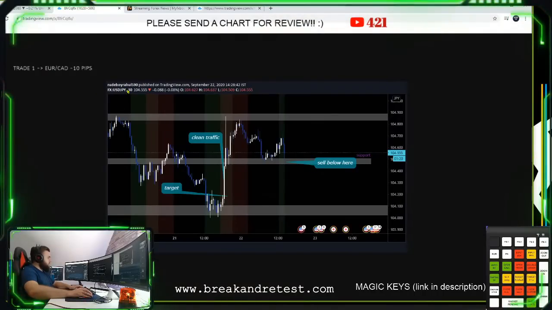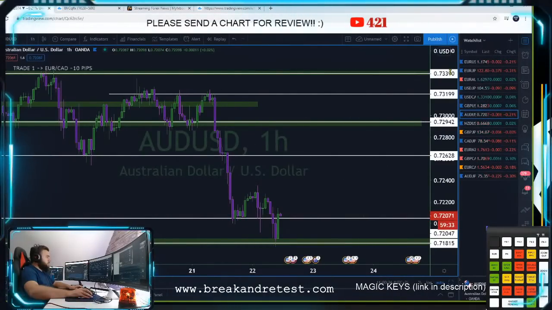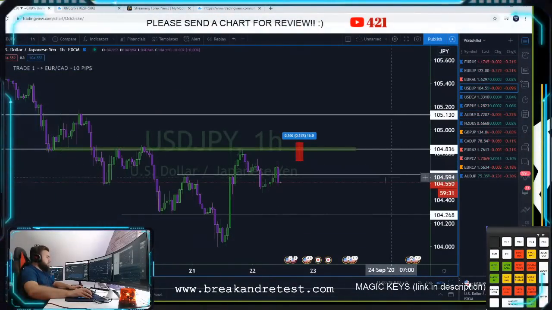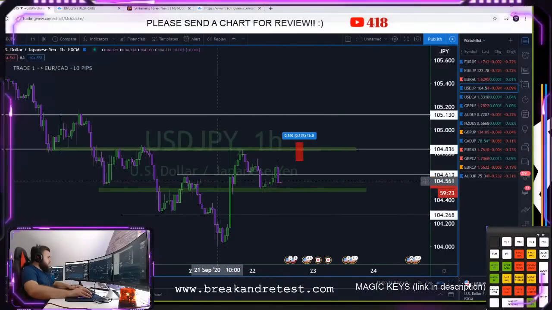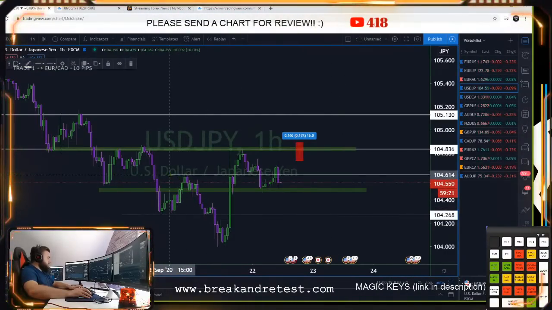Sells below here, USD JPY 30 minute. First, I don't trade 30 minute, only 1 hour and up. So for me, we also have this small support here, and also we have a small minor zone here.